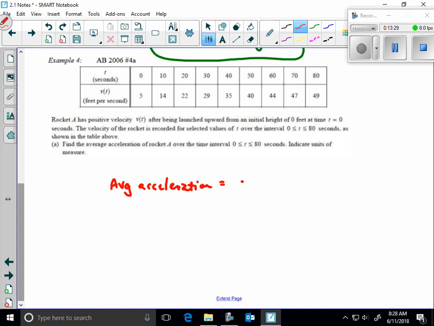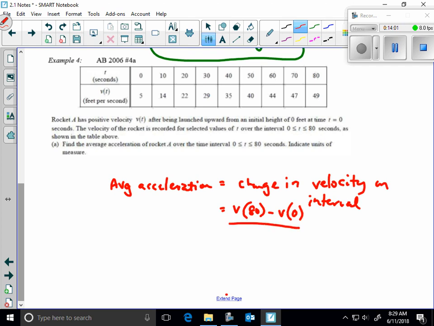I'm looking for the change in velocity on some interval. So in this case, what do I want? I want the average acceleration of a rocket A over the interval from 0 to 80, indicating units of measure. Okay, so what I want basically is the velocity at 80 minus the velocity at time 0 over that interval change.